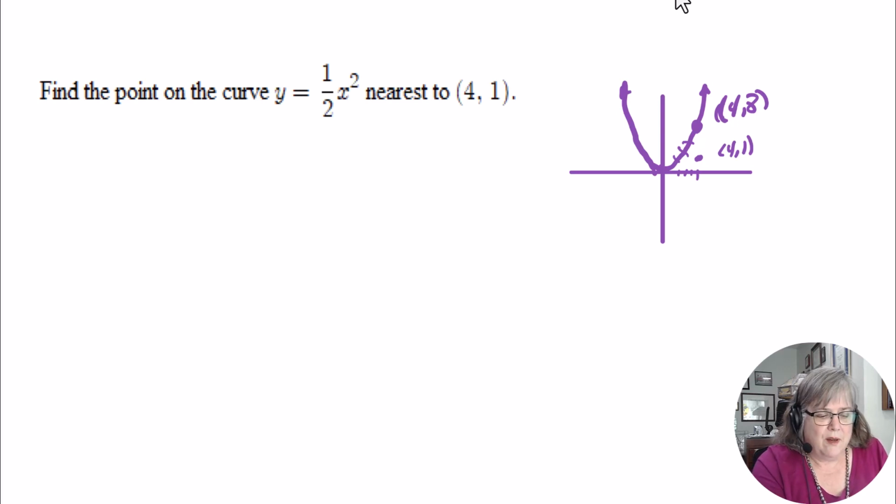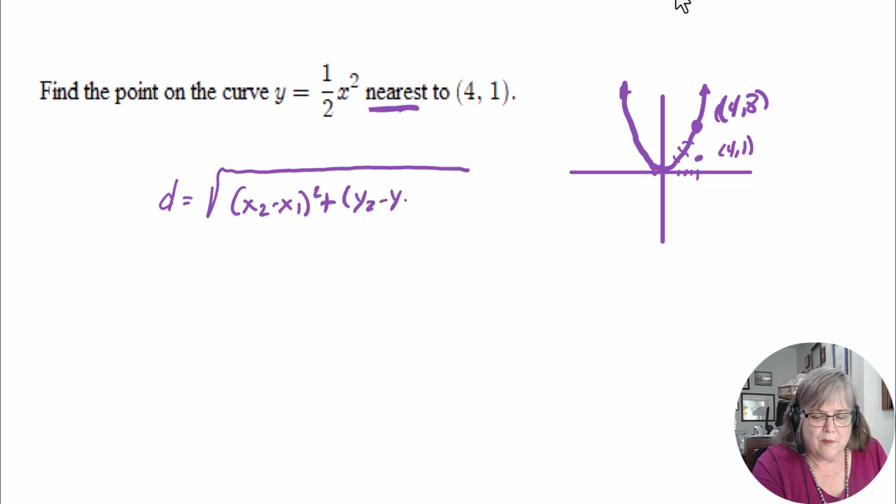So here we go. Now, the question is find the nearest point. So that would be the shortest distance, right? The shortest distance between that point and the curve. So you're looking at the distance formula. If you remember this from algebra class, it's x2 minus x1 squared plus y2 minus y1 squared.